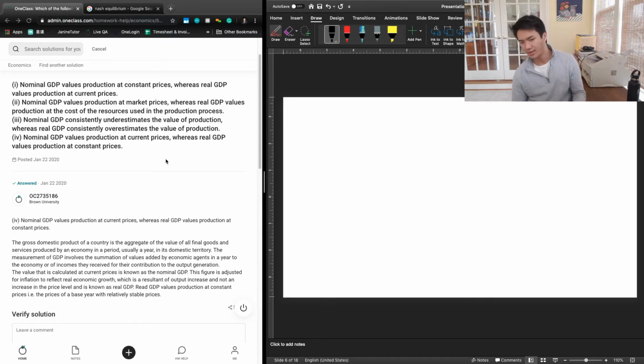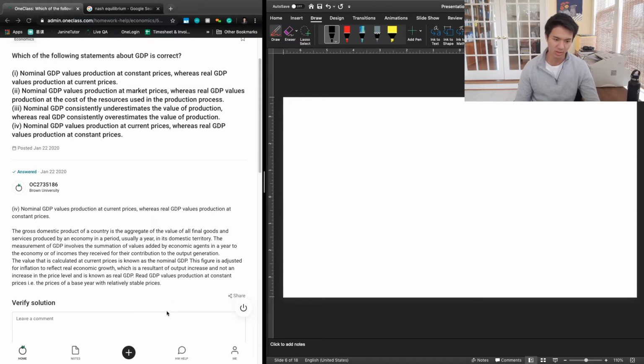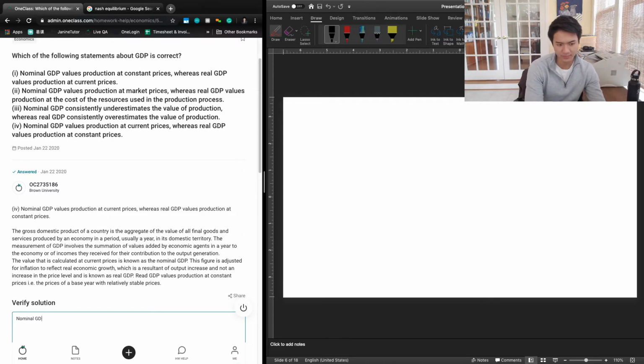So I think this answer is a little bit long and a little bit confusing. I think we can write a better explanation here just to clarify the differences between real and nominal. So we can say that nominal GDP is calculated using both current prices and production levels. As a result, changes in nominal GDP could be a result of either changes in prices or changes in production level.